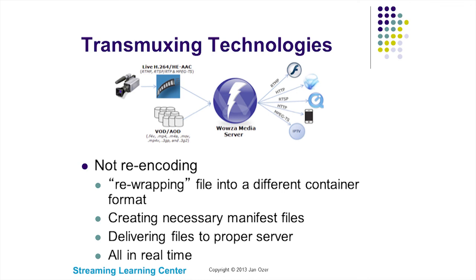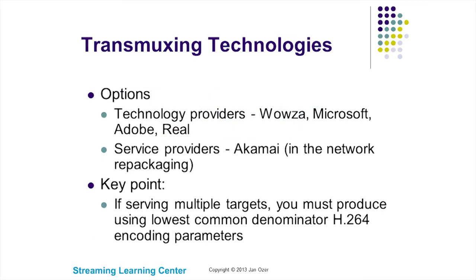They're using the same encoded H.264 streams, whether it's a single stream or multiple adaptive streams, and they're transmuxing, changing the container format to send it out to any number of devices. So if you're producing for multiple targets, transmuxing is a very useful technology.